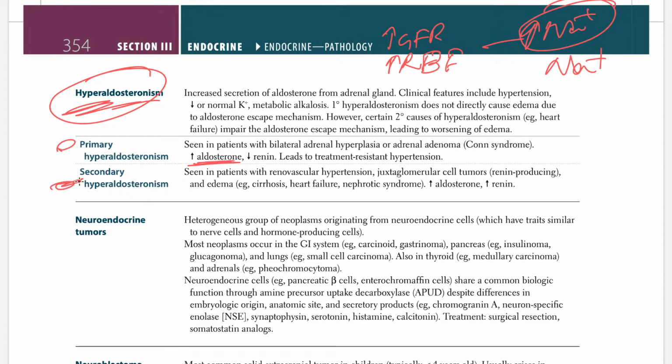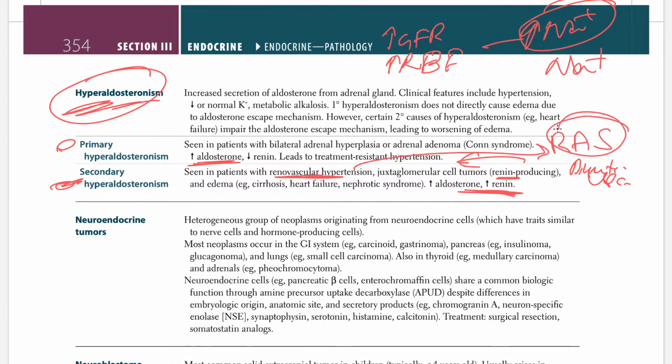Primary means primary problem. Secondary means coming from a secondary cause. Okay. The causes are very important for the secondary. Think about renovascular disease. Think about malignant hypertension. Think about renin secreting tumor, JG cell tumor. Other things are going to be your diuretic use, and renovascular hypertension will cause renal artery stenosis, atherosclerosis in elderly or older men, and in young females, renovascular fibromuscular dysplasia.